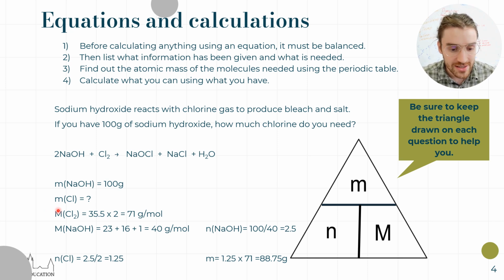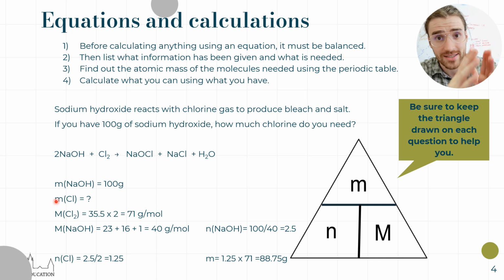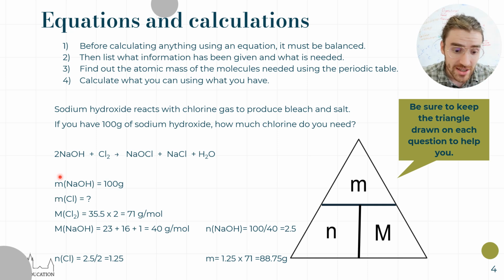Okay, a lot of the time what's going to happen is they're going to give you enough information to calculate the number of moles, so the N value, of one substance. Then depending on this ratio, you're going to be able to calculate the N value of another molecule. So in this case we were given 100 grams of sodium hydroxide. What we can do is calculate the atomic mass of sodium hydroxide.